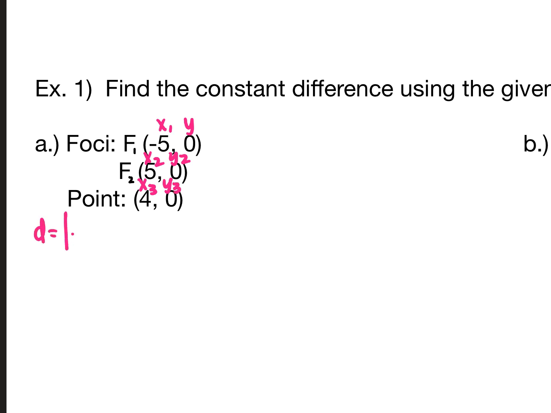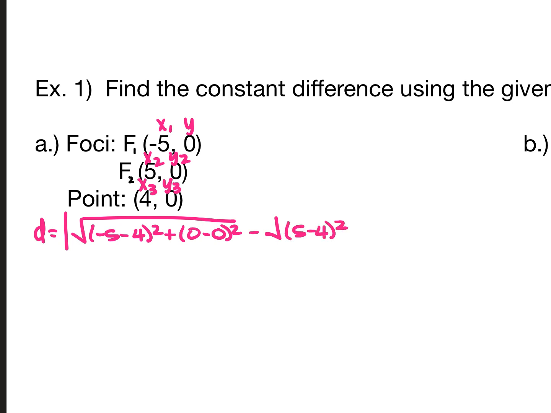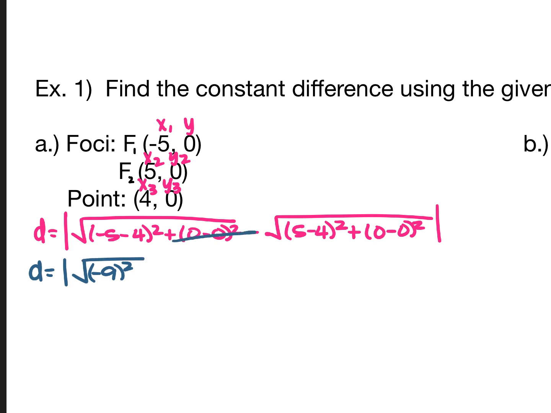So we're going to have the absolute value of the square root of negative 5 minus 4 squared plus 0 minus 0 squared, minus the square root of 5 minus 4 squared plus 0 minus 0 squared. So this is going to simplify to give you the absolute value of the square root of negative 9 squared. The 0 minus 0 squared is just 0, so we can eliminate that.